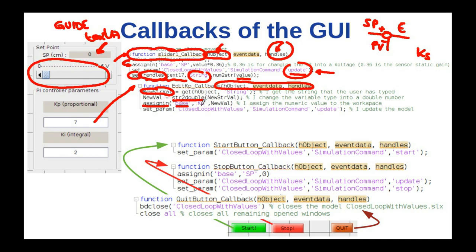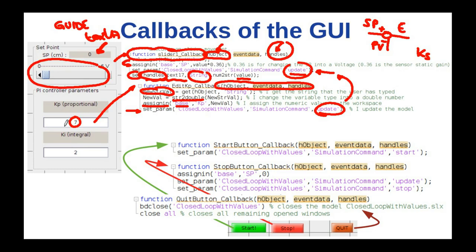If we only do that, the parameter of the simulation model will stay 7. It will not change. So this instruction here, the set parameter update of the model, is needed. This is mandatory. If we don't do this action, the model will not change the value of kp.